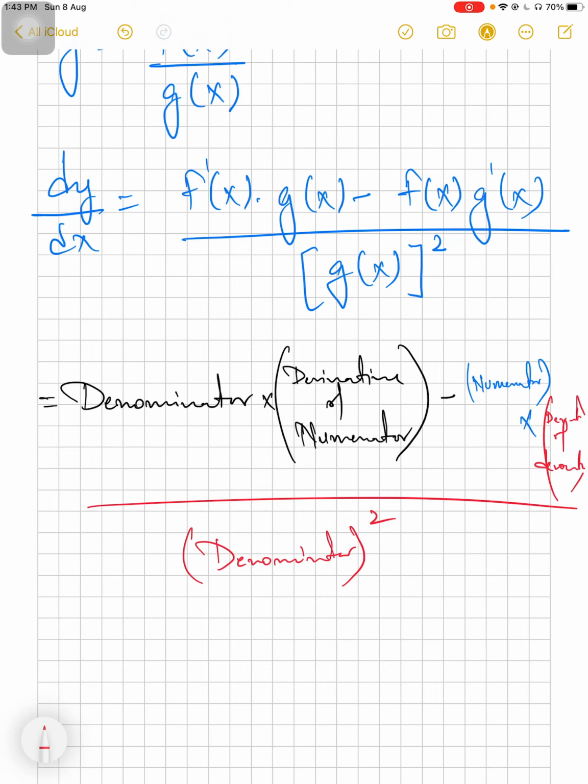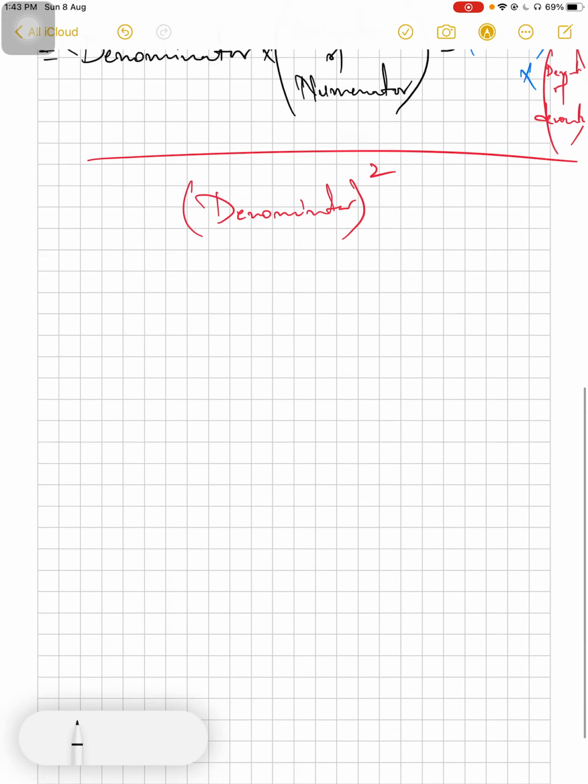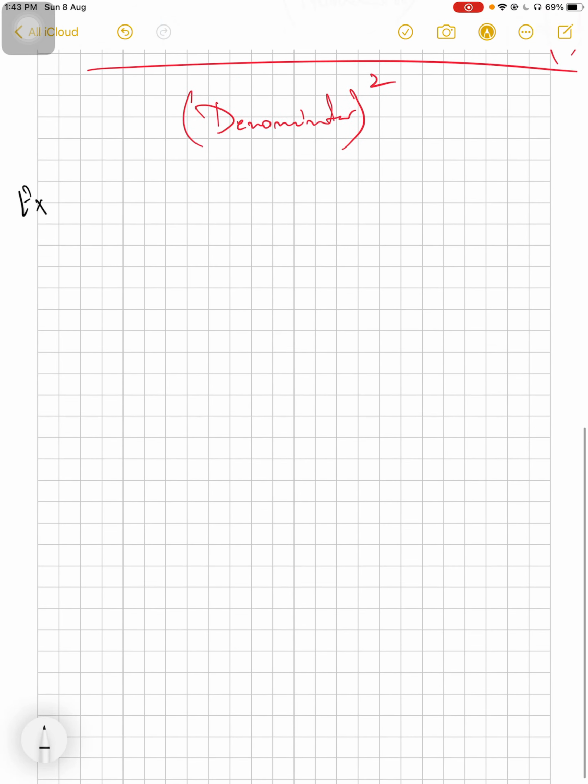And now we'll consider one example using the quotient rule. Let y is equal to 3x minus 2 divided by 2x minus 5.